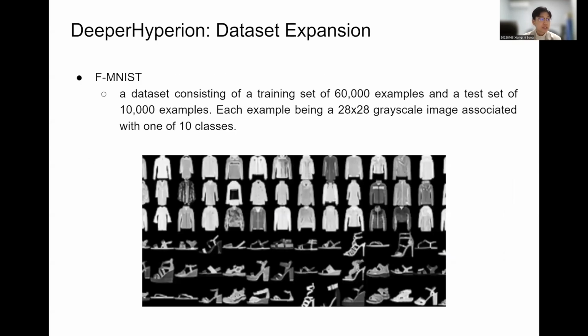For the extension of the experiment to the Fashion MNIST dataset, we employed the same setup. Fashion MNIST, I think everybody knows about that. It's a dataset of Zalando's article images consisting of a training set of 60K examples and a test set of 10K examples, with each example being a 28 by 28 grayscale image associated with one of 10 classes, just like MNIST.